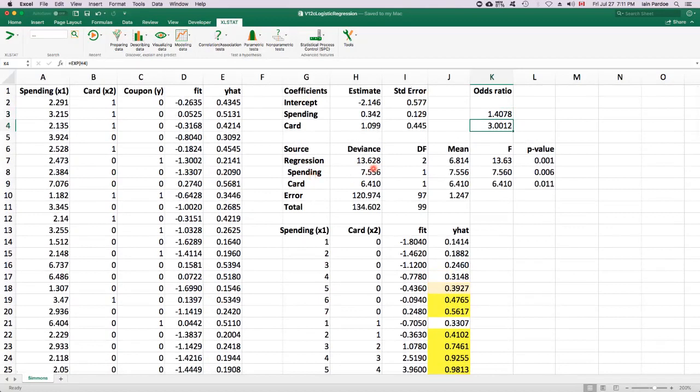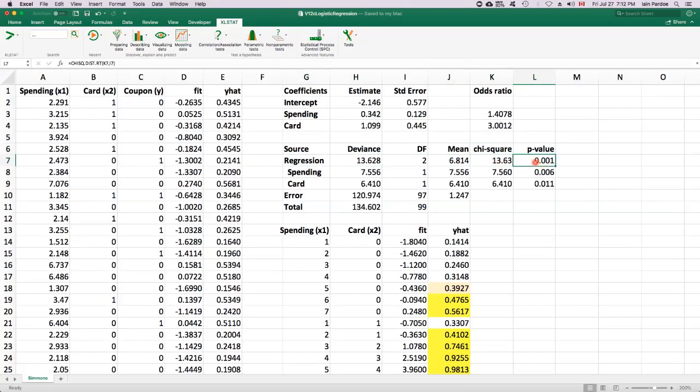We can do an overall test, and that uses, instead of an analysis of variance table, with logistic regression, an analysis of deviance table. And the top row here for the regression, it's not an F statistic here, it's a chi-squared statistic. We can look at the p-value associated with the chi-squared statistic to see if it's significant.